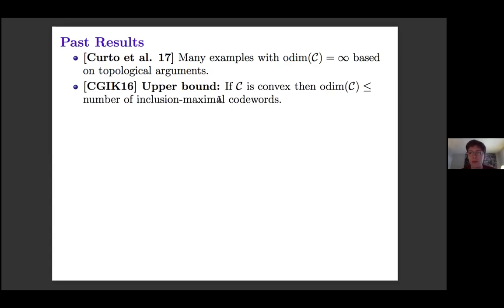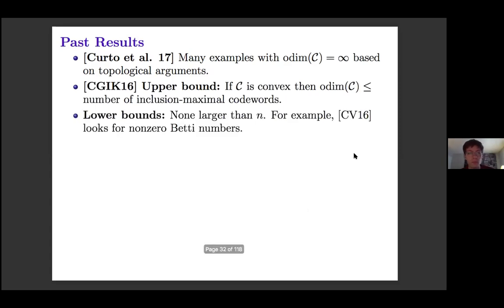I can think of my codewords as partially ordered by inclusion and look at the number of maximal ones, and it turns out that's a bound on the open embedding dimension if it is finite. You might be interested in lower bounds too. If I hand you a code on n neurons, you might want to know the worst case for how large the embedding dimension could get.